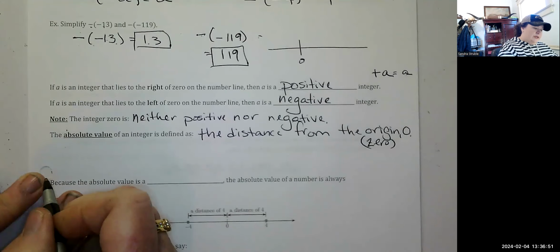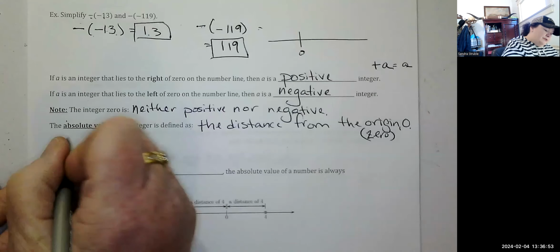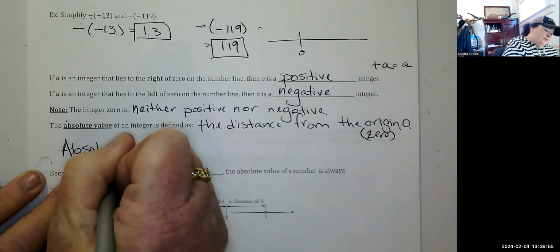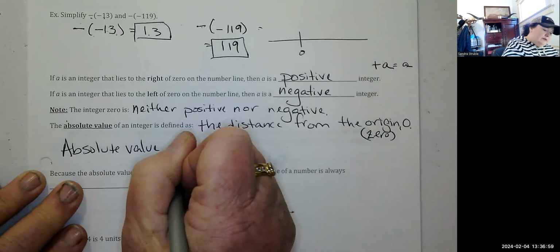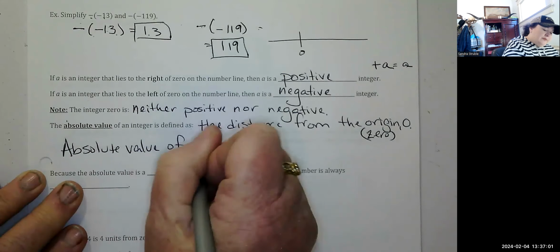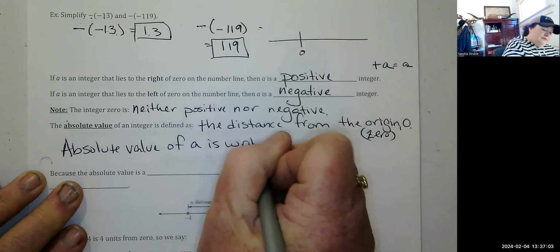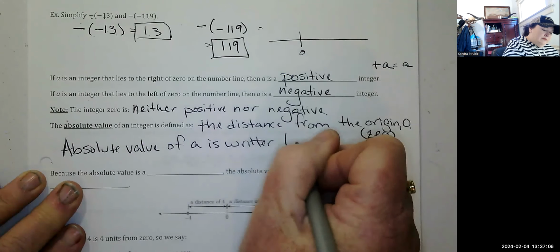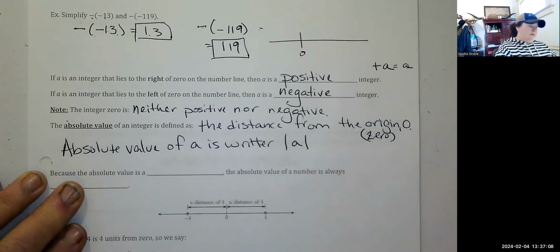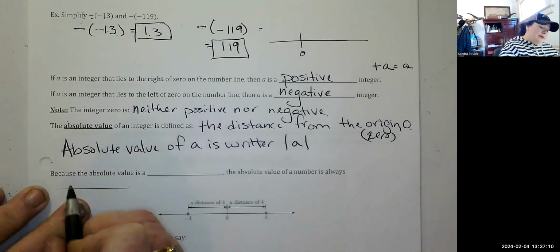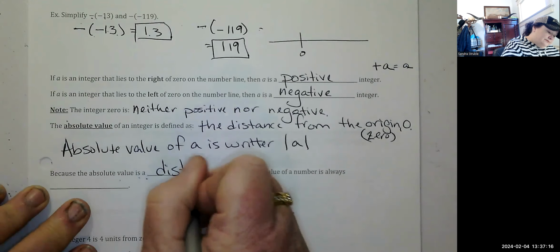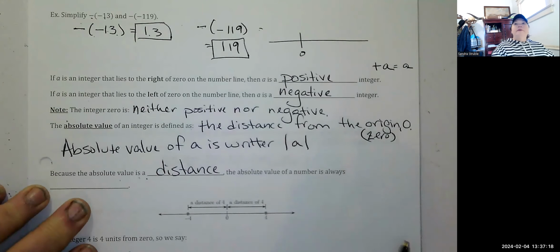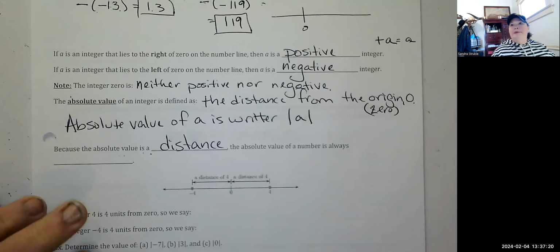All right, so absolute value is written as, let's say, the absolute value of A. Because the absolute value is a distance, the value has to always be positive.